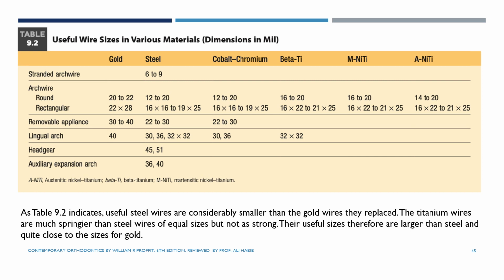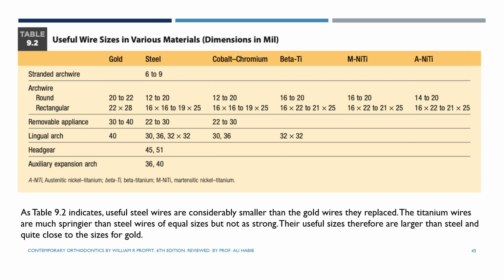Cobalt chromium is similar to stainless steel. Beta titanium is somewhat between these stainless steel wires and the nitinol wires. You can see the nitinol wires' useful sizes should be similar to the rectangular wires, but they have more range and less strength than stainless steel wires.